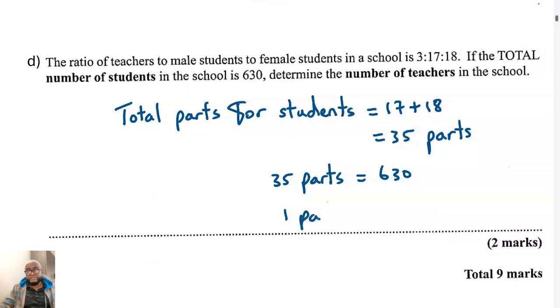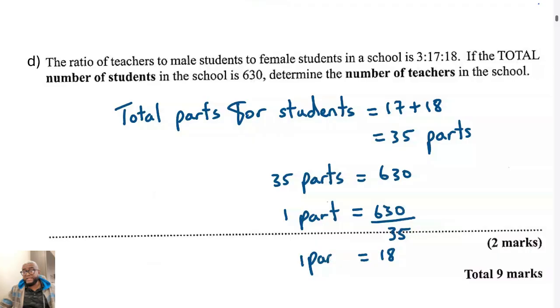Now, if 35 parts is 630, and I can find what one part is, let me work. So one part is equal to 630 divided by 35, which is 18. Right, so I know what one part is. I can find how much any amount of parts are now.